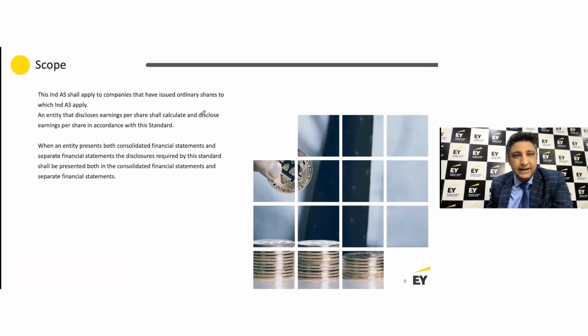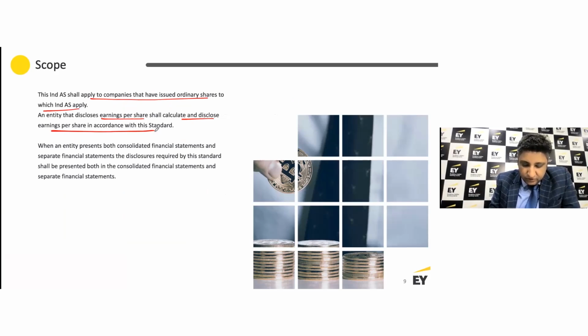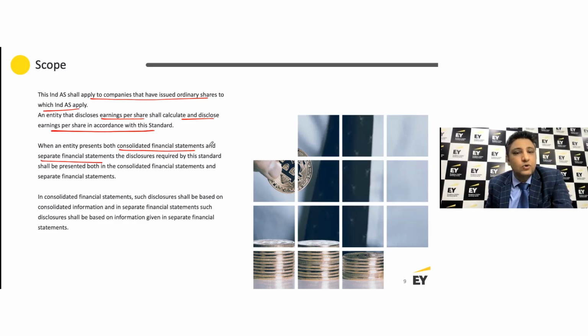The scoping would apply to any organization, any entity that has issued ordinary shares, and of course to those companies where Ind AS applies. Okay, and of course, when you are disclosing the EPS, you need to calculate, determine and present the information as per this standard itself. Now, it does not only apply in the separate financial statements, but also the group financial statements in case an entity is presenting those financial statements at each of the levels.